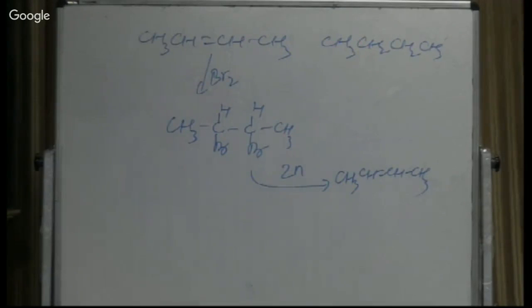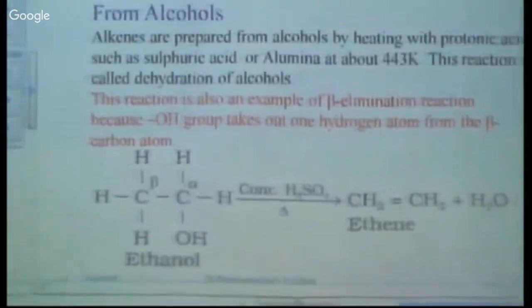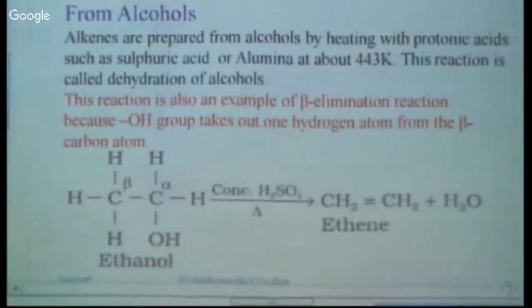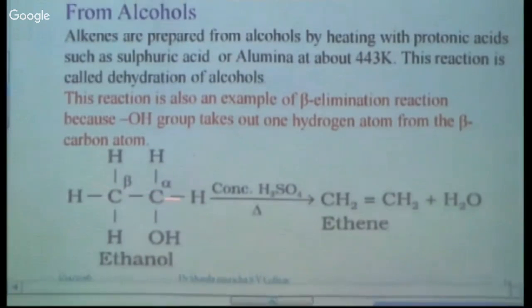The next method of preparation is from alcohols. Alcohols can be dehydrated to alkenes, the reaction being catalyzed by strong acids like concentrated sulfuric acid, phosphoric acid, or by using alumina as the dehydrating agent. Again, like in the dehydrohalogenation reaction, you have H and OH being lost from adjacent carbons to give you a carbon-carbon double bond.